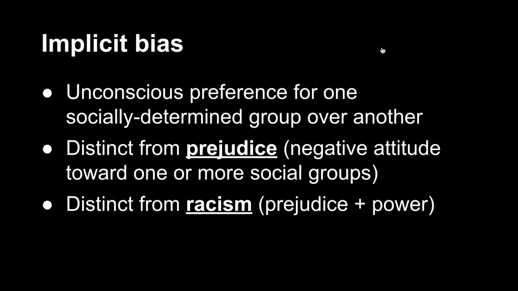Bias and prejudice are like the fuel that keeps racism going, at least on an interpersonal level. You may have heard the phrase systemic or structural racism, which calls our attention to the ways in which exclusionary practices and preferences are actually baked into social institutions and systems. So again, these are all related, though they are distinct in some pretty key ways.